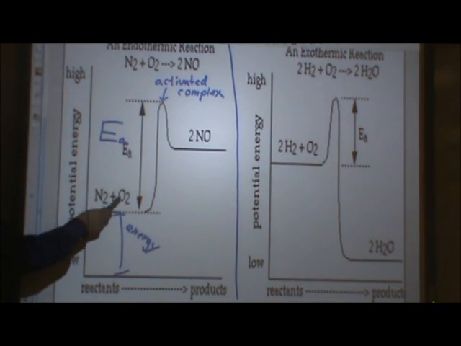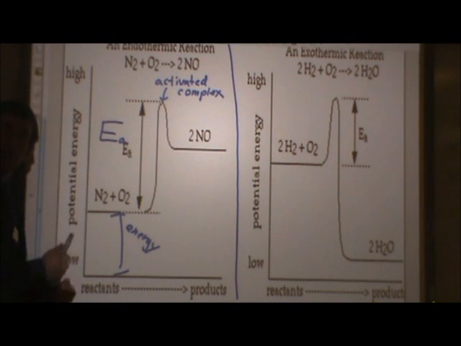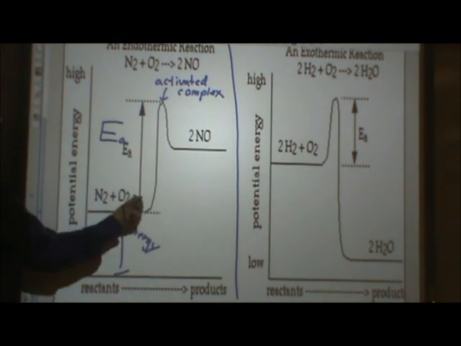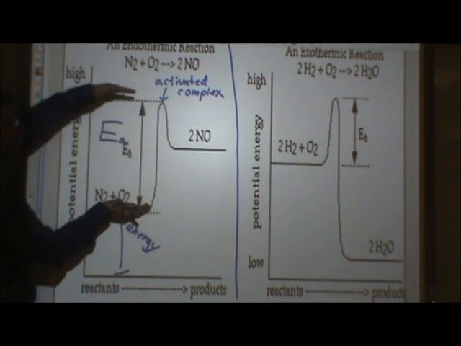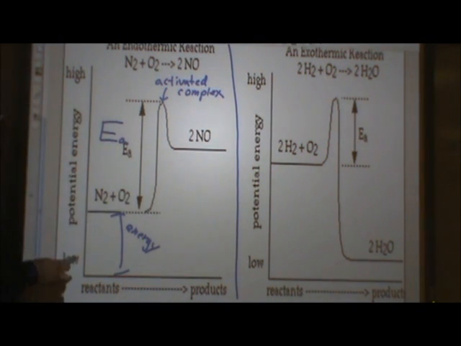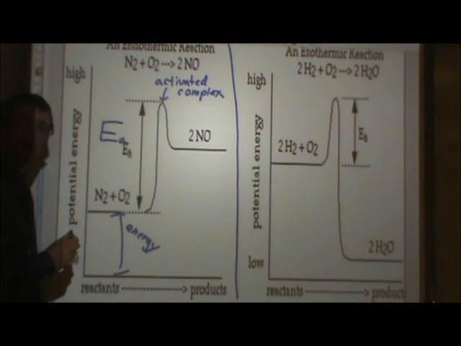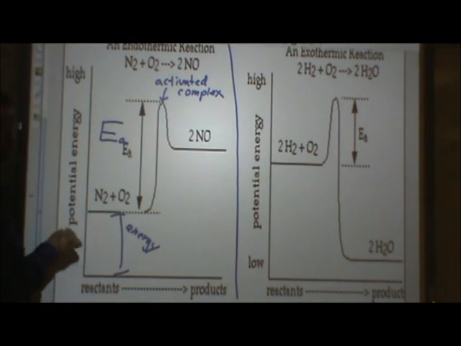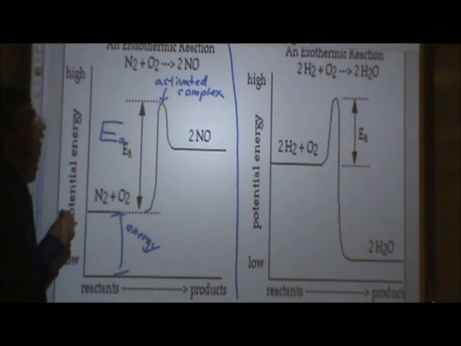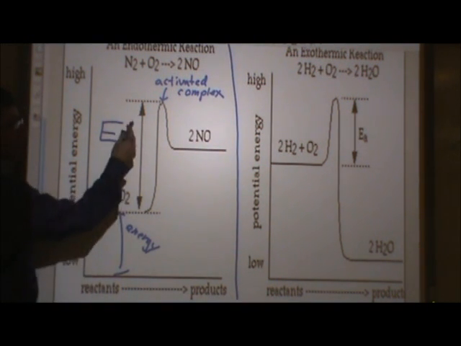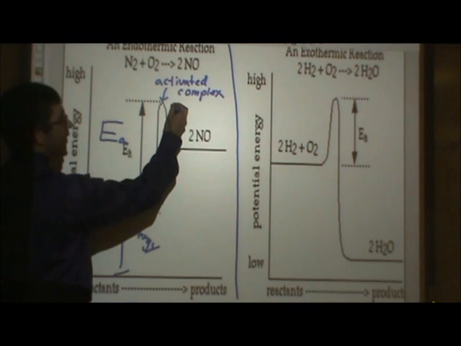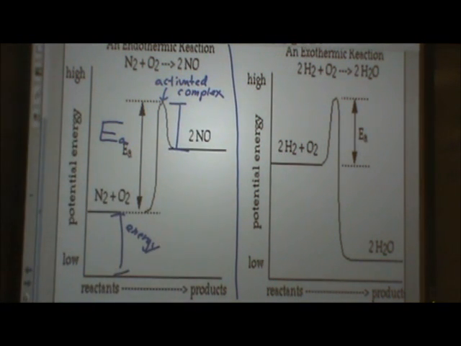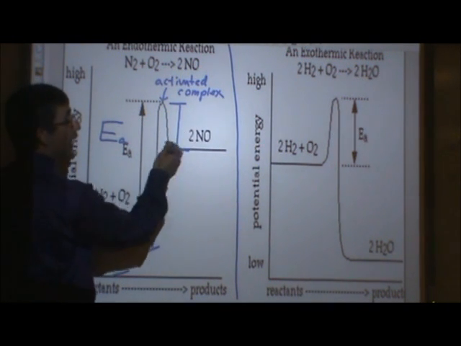So what has occurred is nitrogen and oxygen have collided with correct orientation and have enough activation energy. So you need this much energy to go into this reaction. The activated complex is formed. It has one of two options. It can either go back, reforming the reactants, or it can make our product. This is how much energy goes in. I told you every single reaction has energy that comes in, and this is the energy that goes out.